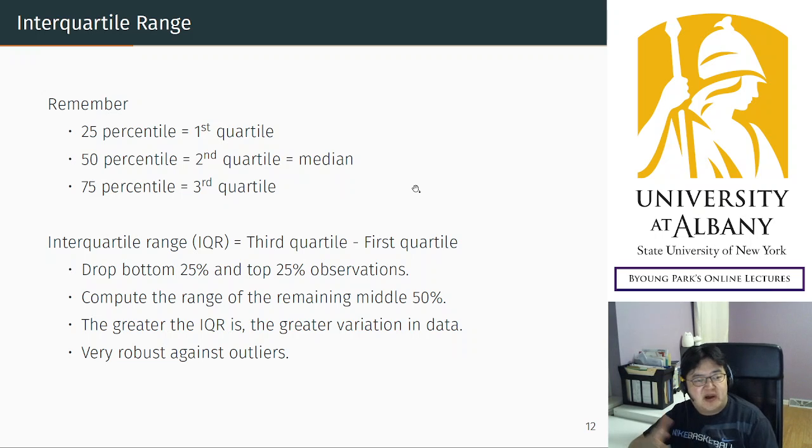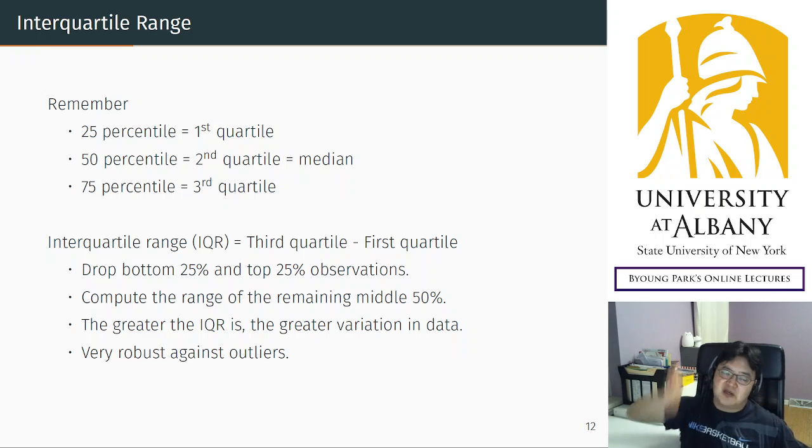To relieve that problem, we modify the range measure, and we define the interquartile range. Remember, when I introduced percentile, I defined quartile. Quartile is another name for some special percentiles. Quartile is when you divide the probability into four equal parts.